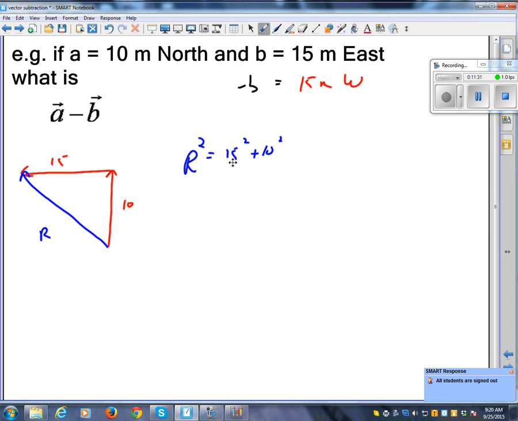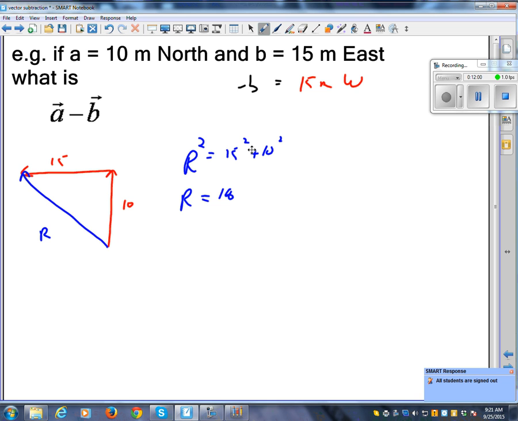And the 15 is really just the side of the triangle. Once you get into Pythagoras, we don't care about the direction. So don't worry about it. It's just going to be 15 squared plus 10 squared. And now I need a calculator. 15 squared plus 10 squared, and then square root: 18. The resultant is 18.